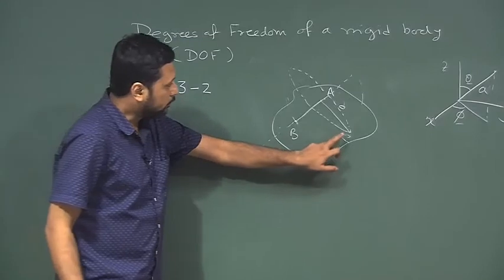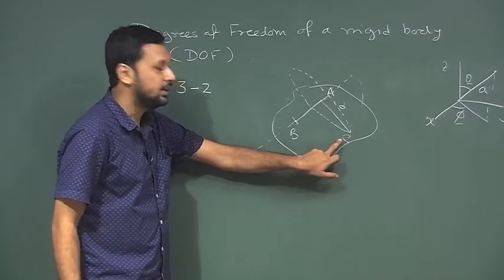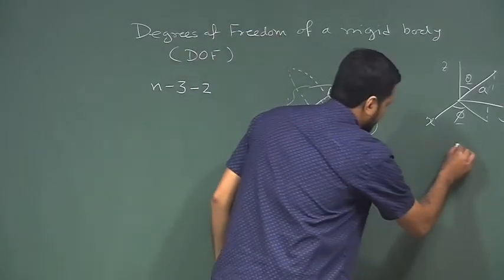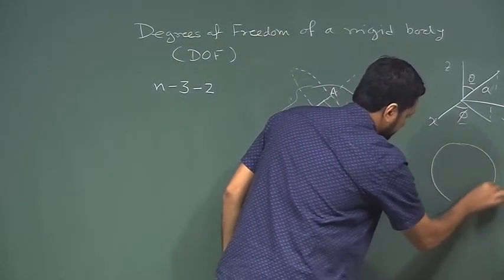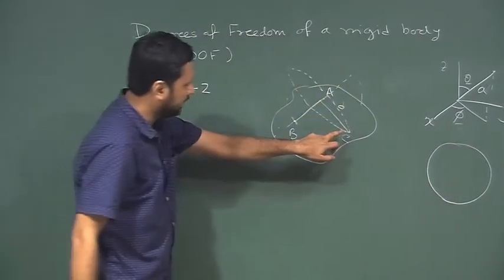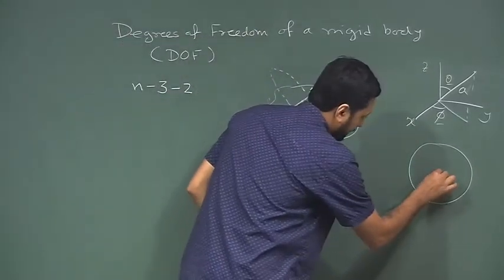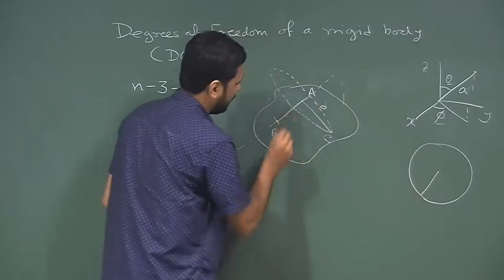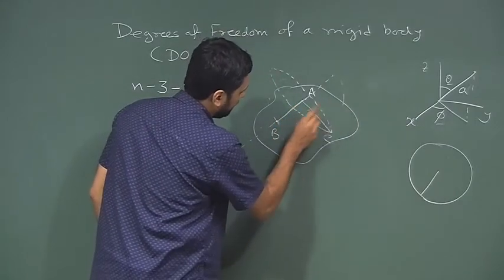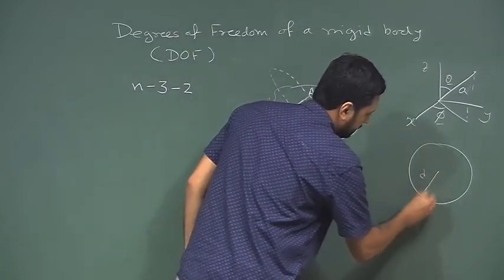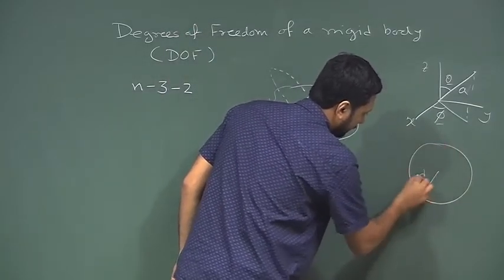Now, in order to specify the motion of C, how many coordinates do we need? Consider this. We have a circle. I hope we understand that particle C can move only on this circle, a circle of fixed radius, which is also very important. This radius d is fixed. So, we have a particle moving on a circle of fixed radius.